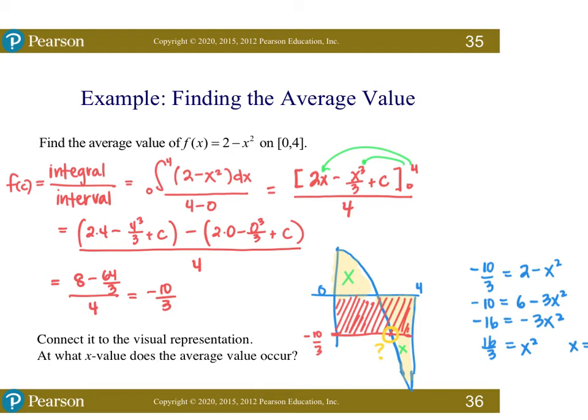We set it up, we wrote out the integral and the interval values, and then we used antiderivative to solve it. Then we drew a picture of the shaded area and the rectangular area, and then we solved where that rectangle intersected the parabola to find the solution.